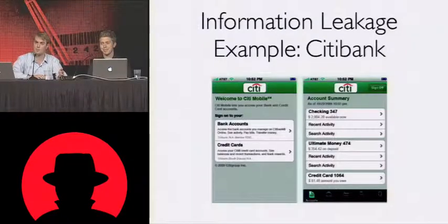A great example of this type of vulnerability, if everyone saw earlier this week, was a problem with Citibank's iPhone app recording certain aspects of the credentials of the banking application to places that might be accessible either on the device or, if synced with the PC, on the PC.